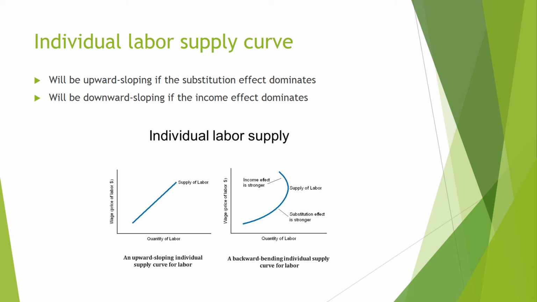However, what if the income effect dominates? In this case, you see where that supply curve starts pulling back to the left. It becomes what's known as a backward bending individual supply curve for labor. It can actually become downward sloping if the income effect dominates.